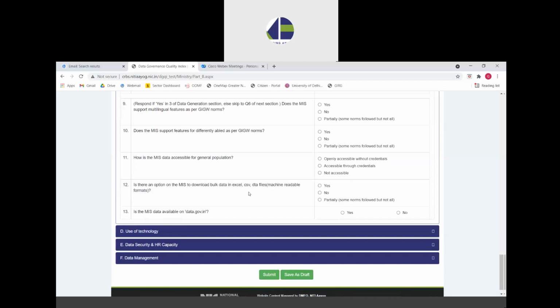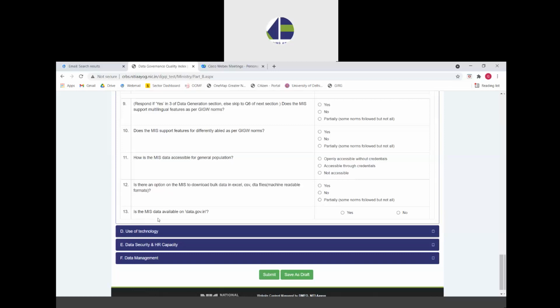Question 12 asks if there is an option on the MIS to download bulk data in machine readable formats or not. Ministries can select yes if there is an option, no if there is no such option and it is only available in some PDF formats or some non-readable formats on the website, and partially if some norms are followed, but not all. That is, some data is downloadable in machine readable formats, but some is not downloadable.